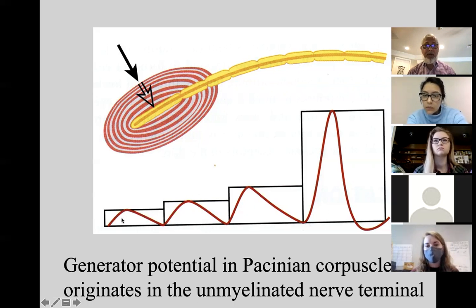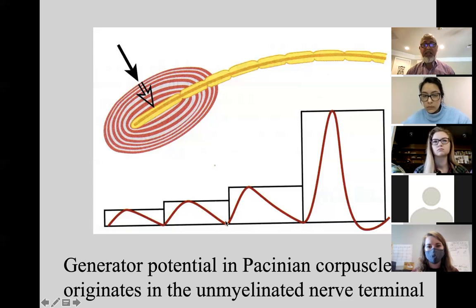So if you stop at this one, there will be just a generator potential, no action potential. Now, if you increase the intensity of the stimulus, you create a generator potential which is a little bigger, but still not good enough to produce an action potential because it's still below threshold. We call it a sub-threshold stimulus. It didn't reach the threshold yet.